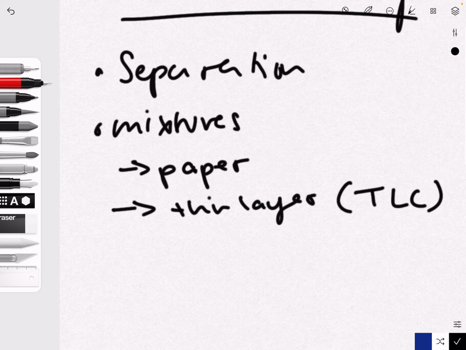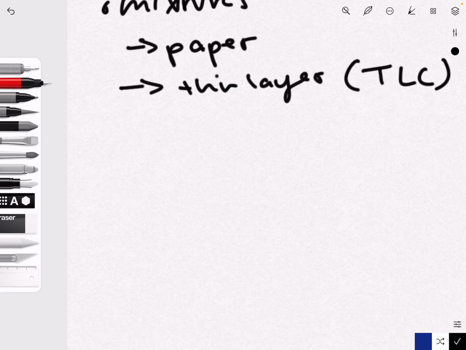The rate or the distance which is traveled will vary dependent on these intermolecular forces present. Let's get into paper chromatography and use this as an example to better understand how this works.